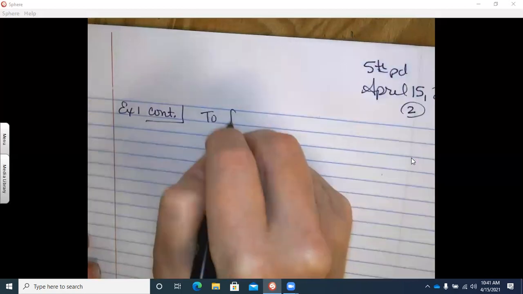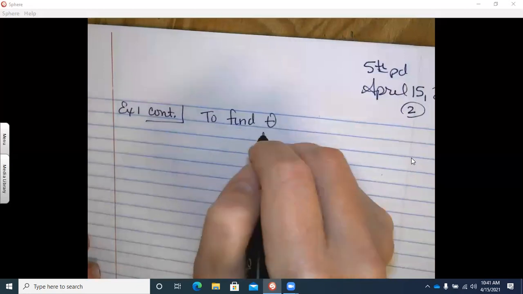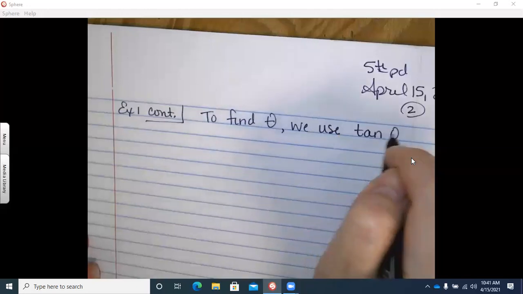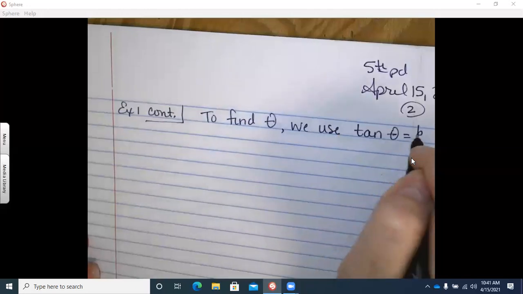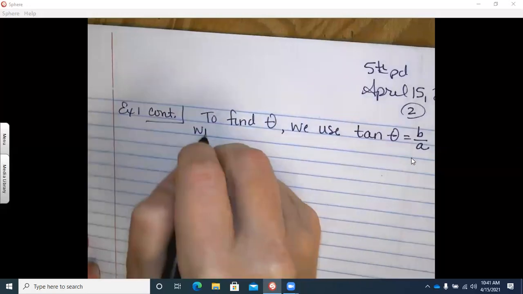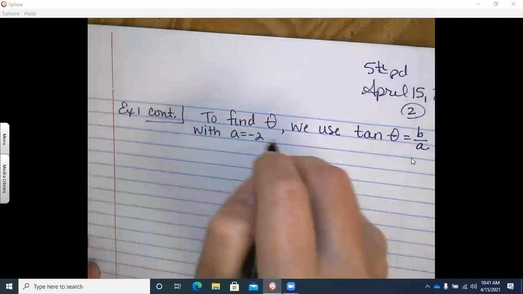All right, so to find theta, we use tangent of theta equals B divided by A, with A equals -2 and B equals -2 in this case.